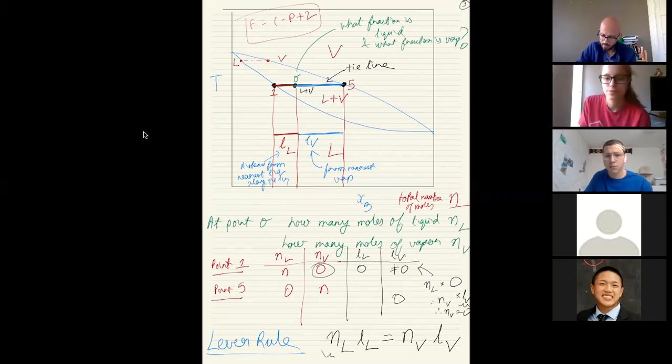Similarly, over here, you have NL, LL is equal to NV multiplied by LV. At this point 5, LV is 0. Therefore, NL must be 0. And that's what we wrote down over here. In the middle, you can see why it makes sense.